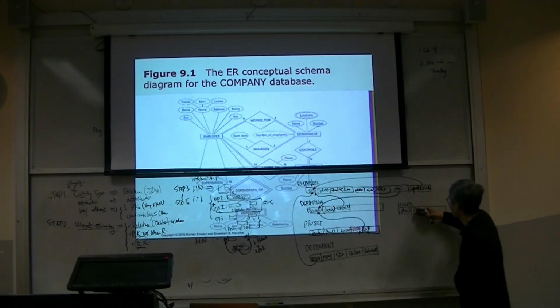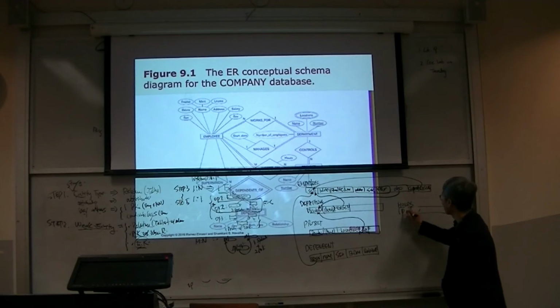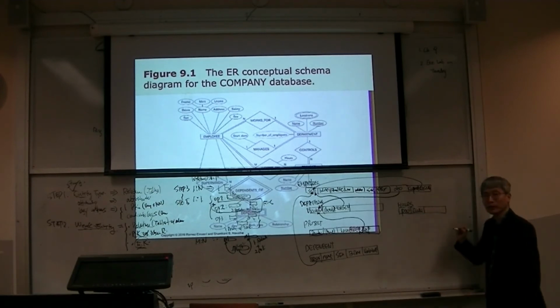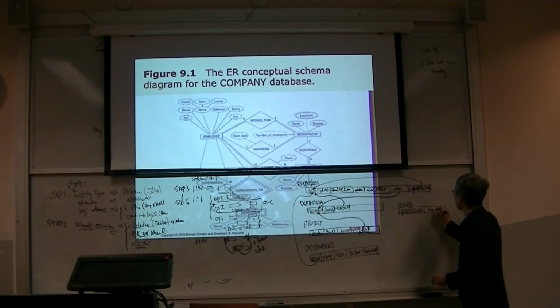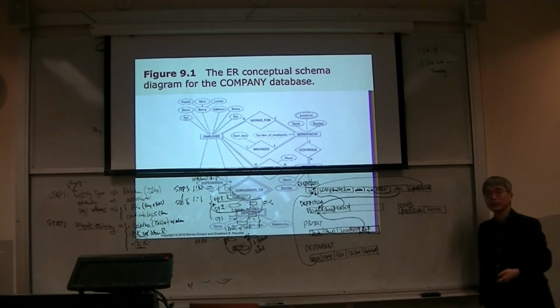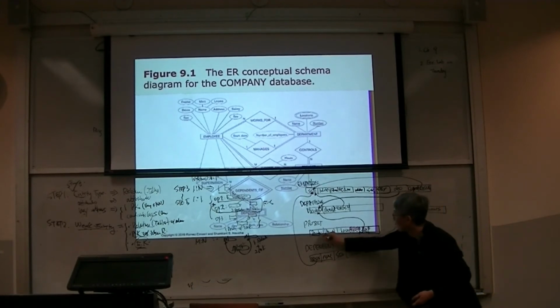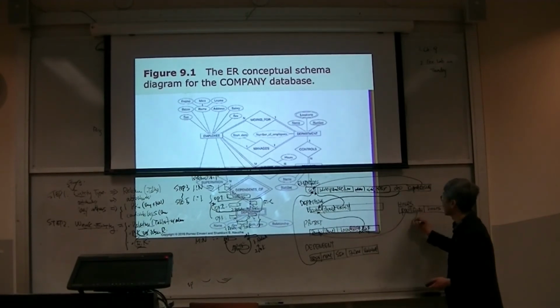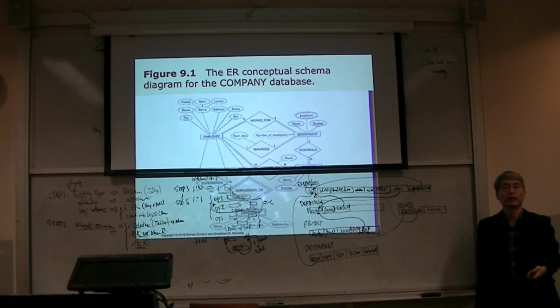So employee, E is the ESSN and the P number. Then it's a primary key. Then hours. This attribute of the relationship will be here. Then the PNO goes to here. ESSN goes to here. So we can create the two foreign keys.